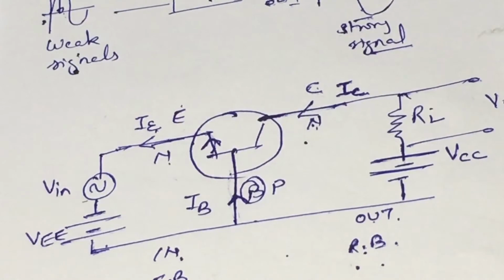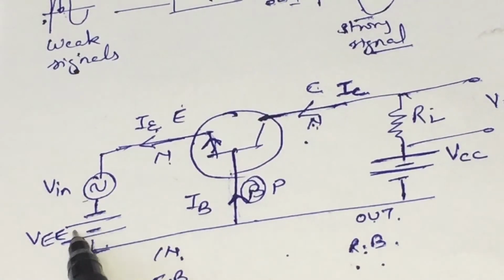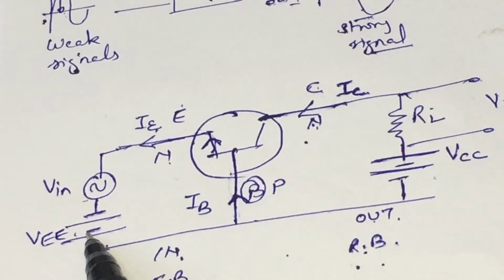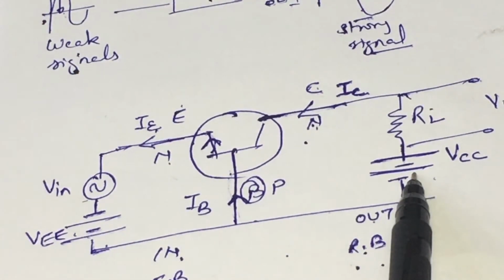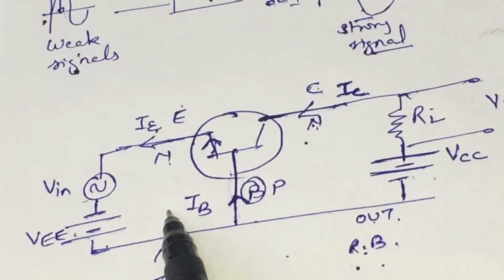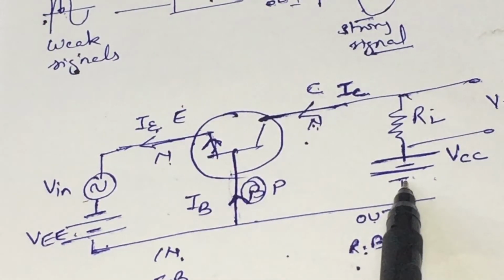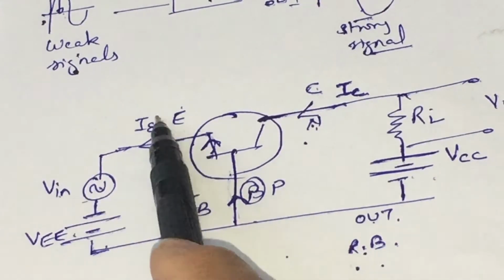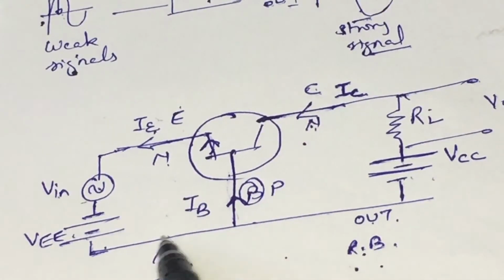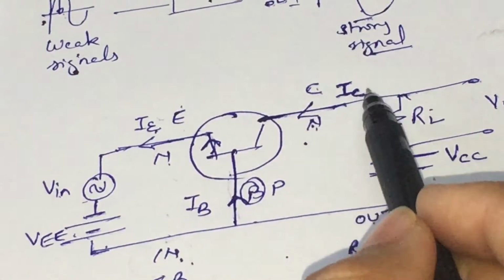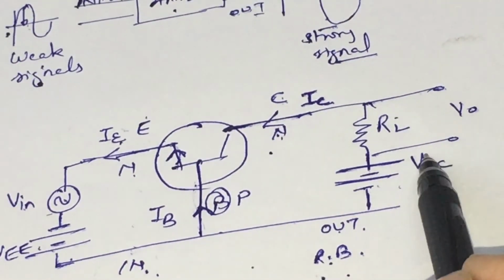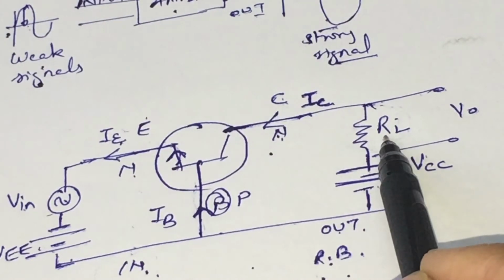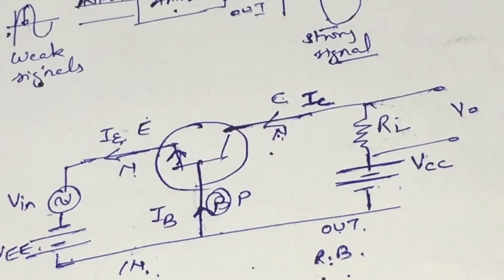We have two types of supplies here, VEE and VCC. They provide forward biasing and reverse biasing respectively in the input circuit and the output circuit. The small weak signal is applied across the emitter and base junction, that is, on the input side, and we take our output from this heavy resistance, known as the load resistance, on the output side.